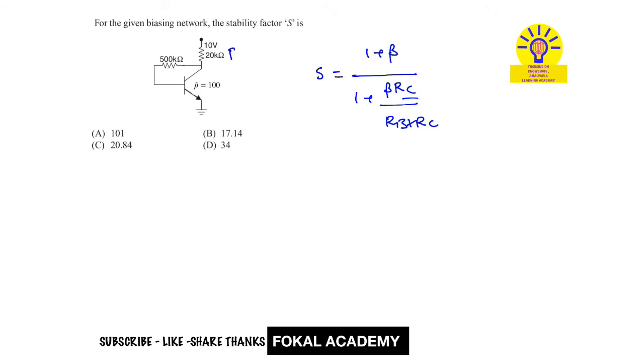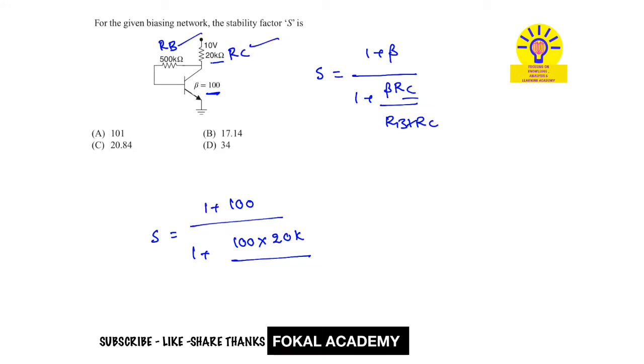Here collector resistance is 20 kilo ohms and base resistance is 500 kilo ohms. Now substitute here. Again, beta is given as 100. Then we'll get S equal to 1 plus 100 divided by 1 plus 100 into RC, which is 20k, divided by RB plus RC, that is 500k plus 20k.